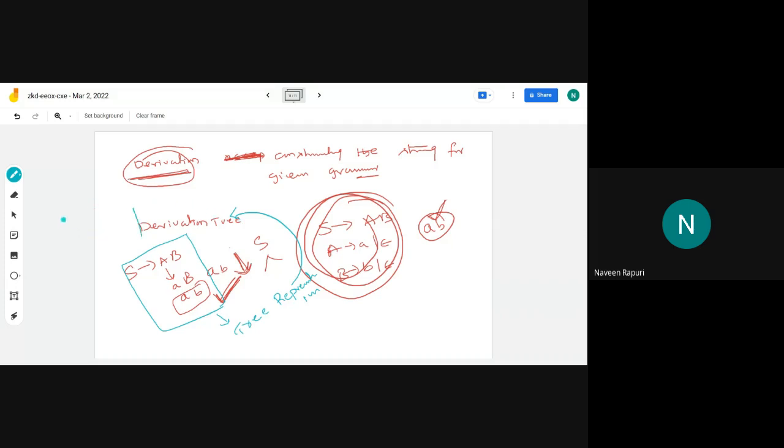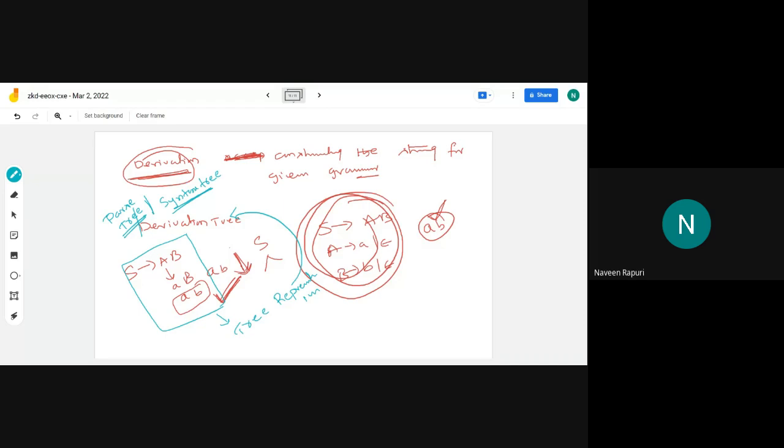Another name for derivation tree is parse tree. Another name for parse tree is syntax tree.